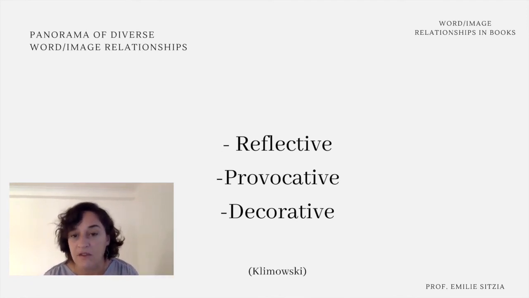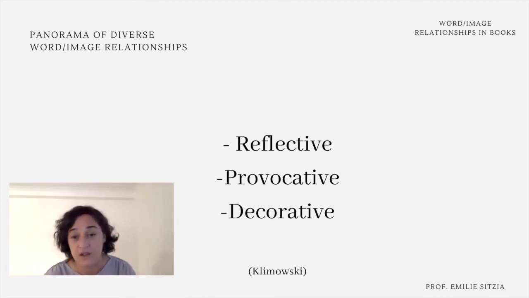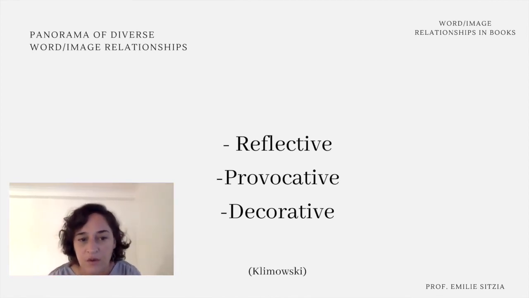I really like this triad, but every time we discuss it with students when we start looking at images, the problem we have is that they're rarely just one of these. It's quite rare that you have an illustration that's reflective but not decorative at all, or that's provocative and not reflective.